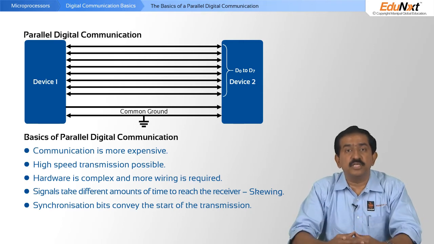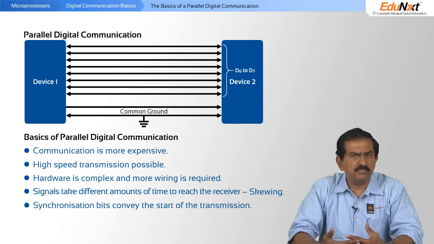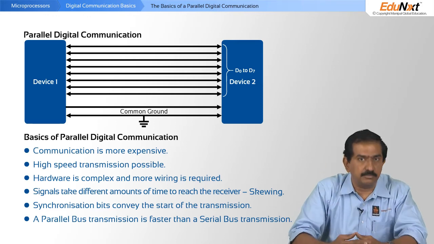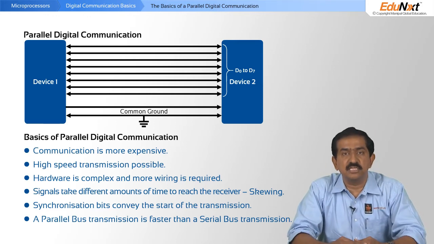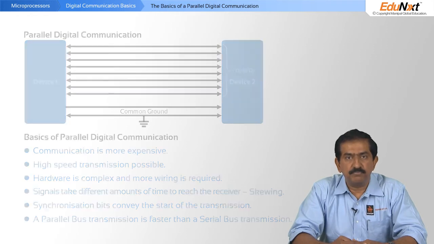And all of this together adds to the complexity of transmission across a parallel bus. And yet, just by the sheer fact that a parallel bus is so much faster, at least 8 times faster than a serial transmission bus, many applications require them. There are 2 kinds of standards that I'm going to help you understand.